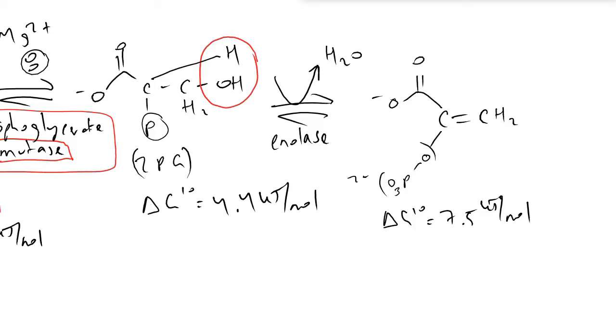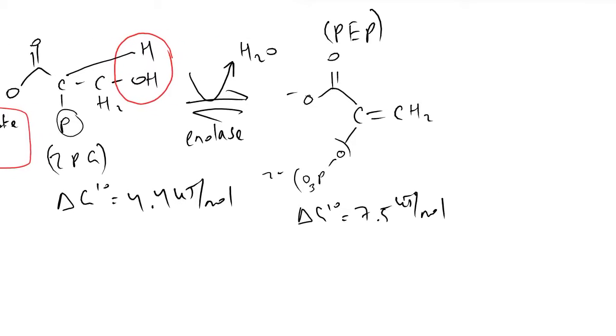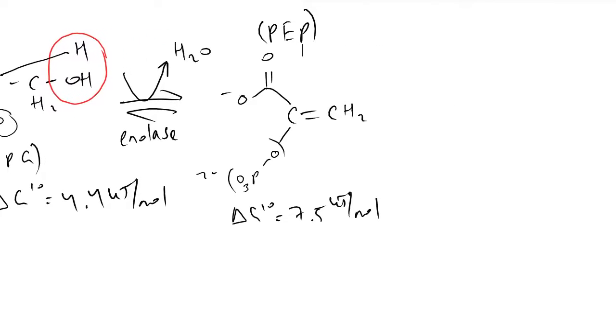The name of the molecule that we just formed is phosphoenol pyruvate, or PEP. And what happens to PEP is we will subject it to another kinase class of enzymes called PEP, or pyruvate kinase.